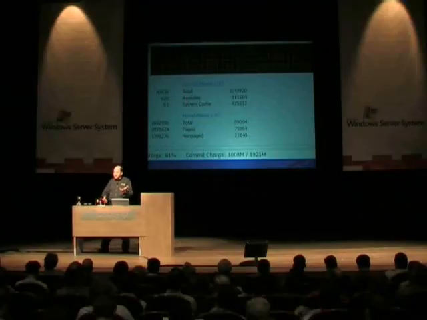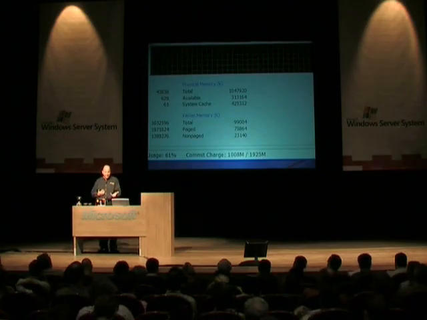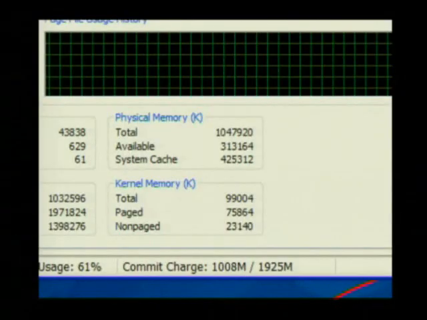It's the standby list plus some other stuff that represents file cache. That is data that the OS has read off the disk that's not on the standby list. And if I look at my system just by this alone, the fact that my system cache is 425 megs and available is 313 megs sort of suggests that available memory is almost all standby.